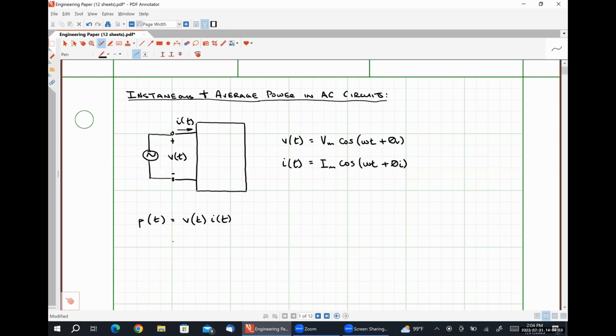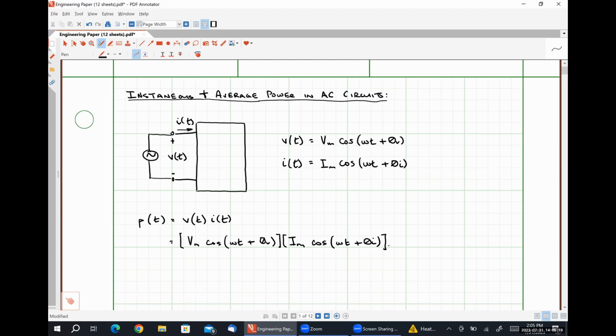So I'm going to expand this out. So we'll have Vm cosine omega t plus theta v multiplied by Im cosine omega t plus some phase angle theta I, like so.